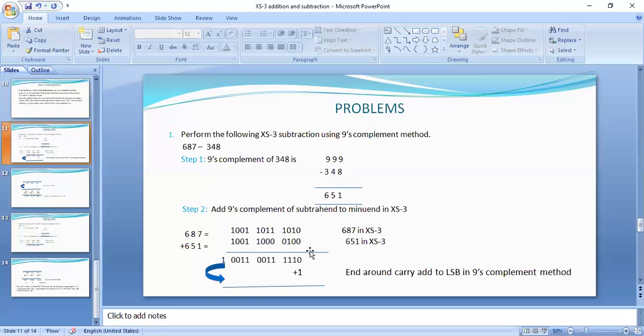After adding the two numbers in excess-3, you may observe that an end around carry is generated. Since we have an end around carry, the result will be positive. In the 9s complement procedure, if there is a carry out, add that end around carry to the LSB position.